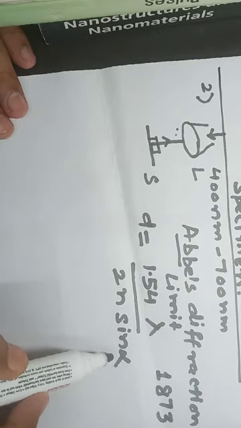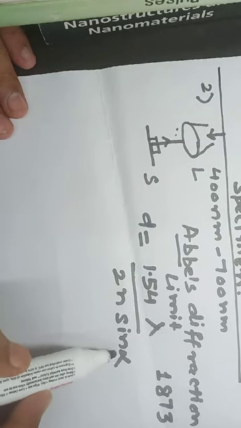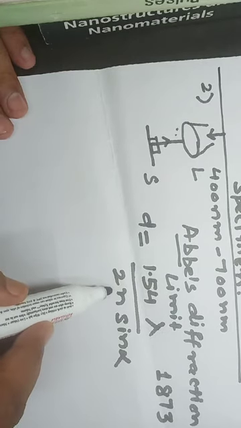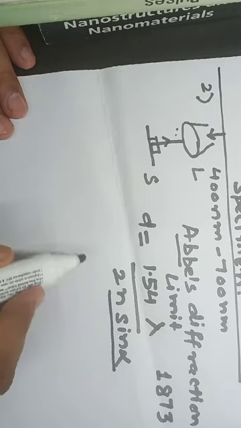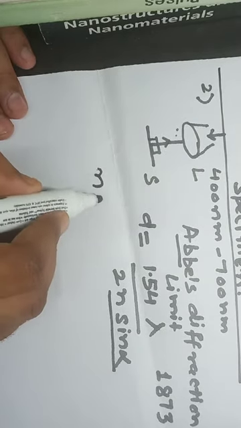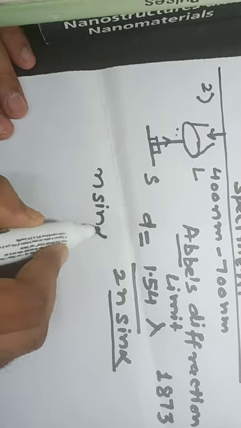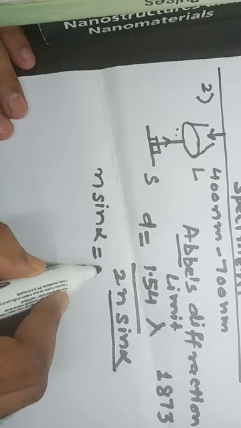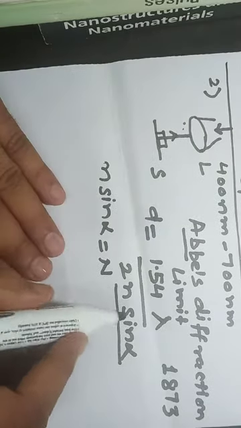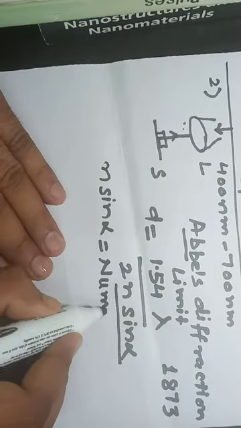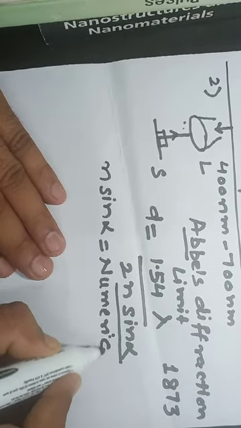We would like to explore what this parameter is. So n sine alpha is equal to the numerical aperture.